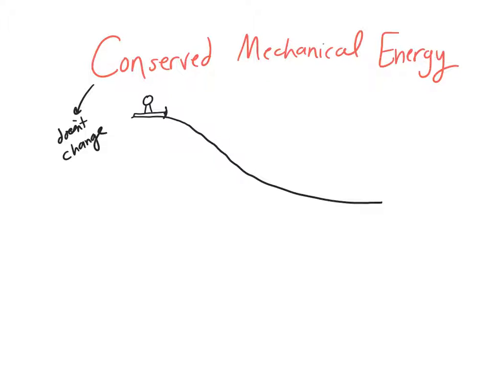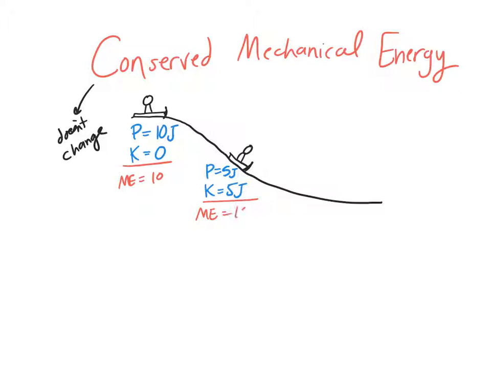So for example, if you were on a sled and at the top of the hill you had a potential energy of, let's say, 10 joules, apparently you're very tiny, and your kinetic energy was 0, and then partway down you now had a potential energy of 5 joules and a kinetic energy of 5 joules, we would say that your mechanical energy is conserved because your mechanical energy up here was 10 and your mechanical energy down here was still 10. In real life, that does not happen.